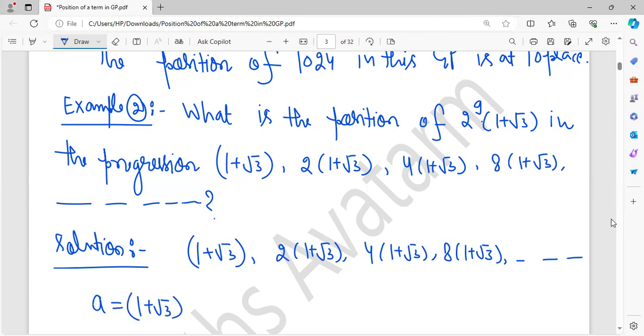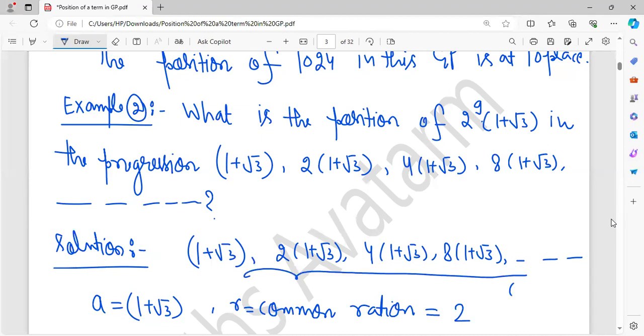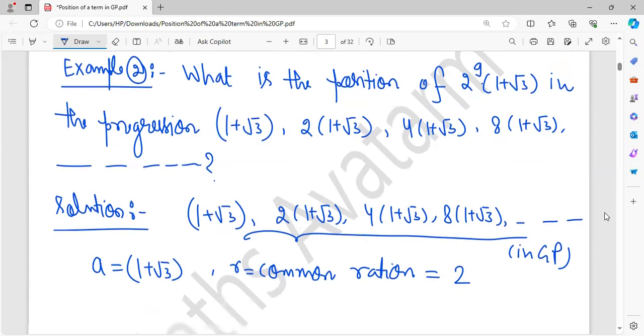You divide the second term by the first term, you will get 2. You divide the third term by the second term, you will get 2. You divide the fourth term by the third term, you will get 2. It means the common ratio R is 2. This is a GP, because the ratio of the next term to the previous term is common, that is 2.